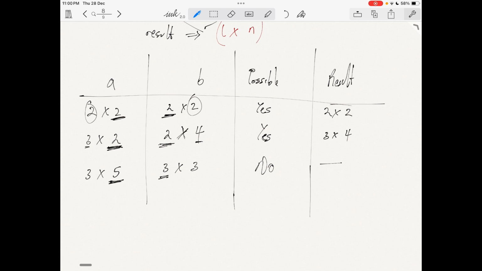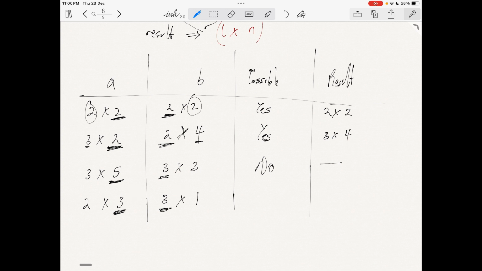Finally, let's say we have a 2 by 3 matrix multiplied by a 3 by 1 matrix. This is the number of columns of the first matrix, and this is the number of rows of the second matrix.